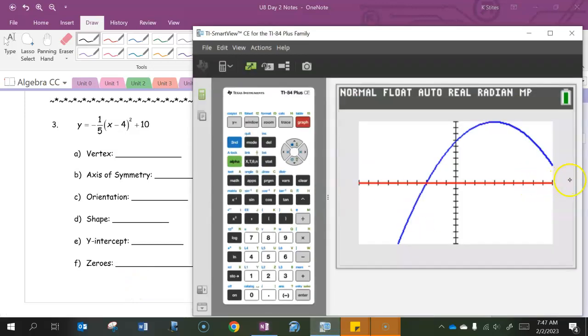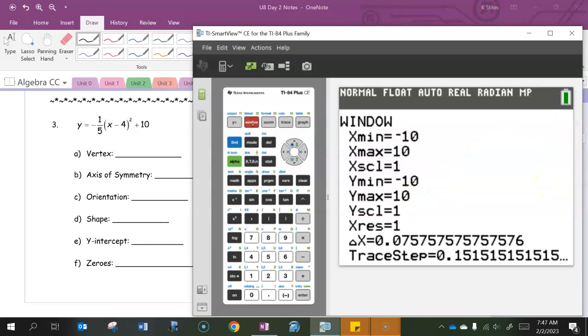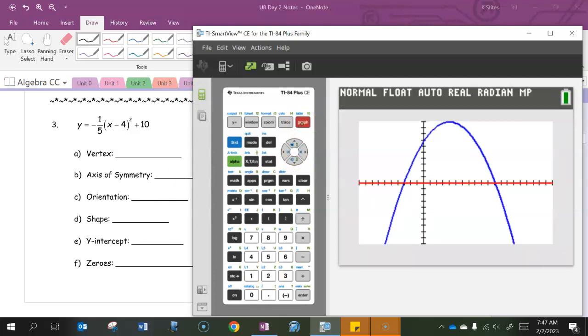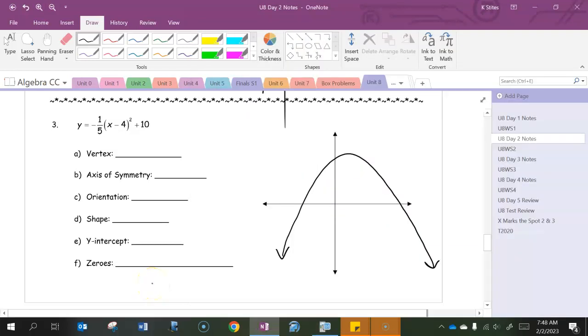Now we need to see the whole picture, so I need to see farther to the right. So I'm going to take my window, and I want to go farther to the right. That's going to be X max. Let's try 20. Okay, that looks good.